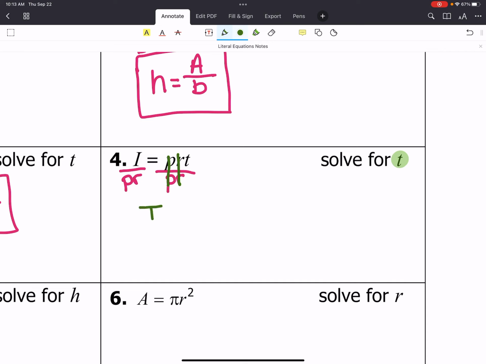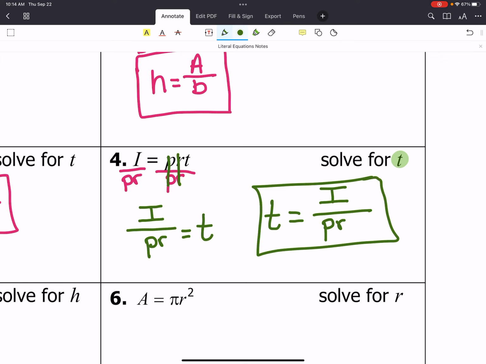I have I over PR equals T. And that's interest, principal, rate, and time, which again, you don't need to know to be able to solve these. So I'm going to put my variable on the left. And we're done.